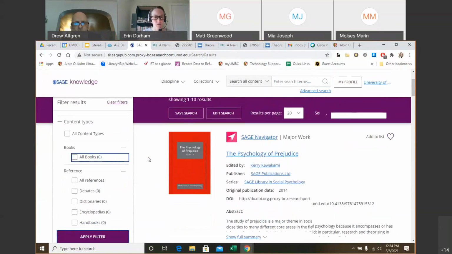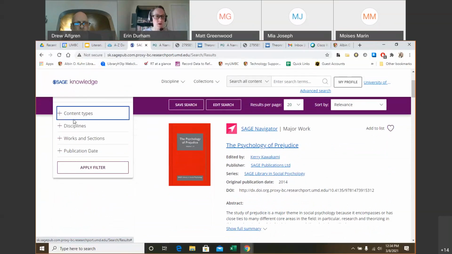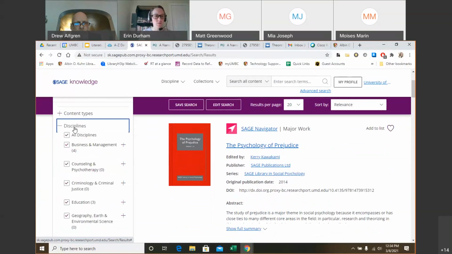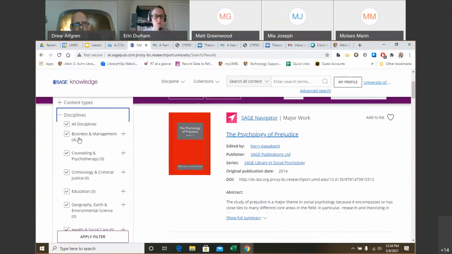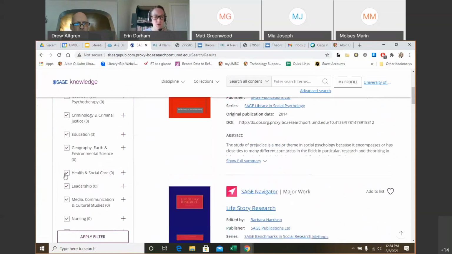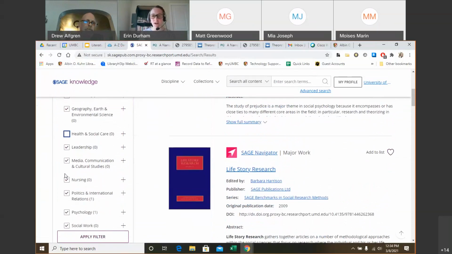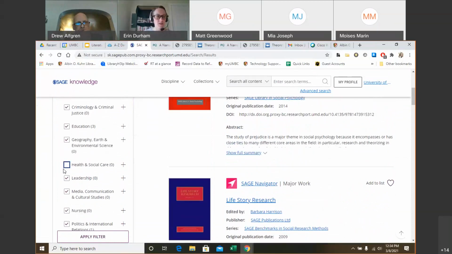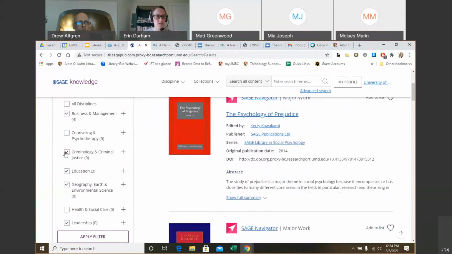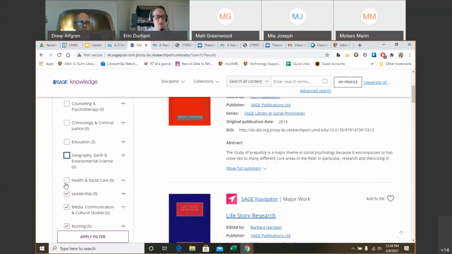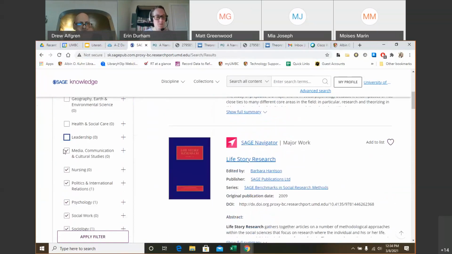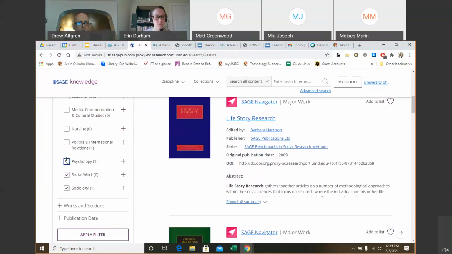All right. So you can definitely search by content type. You can also look by discipline. A lot of these are coming from business and management, also counseling and psychotherapy, education. So a big range, right? But if you're looking at it specifically from a business and management perspective, you could deselect the rest and just see the literature from that discipline. Or if you're looking at it from public policy, you might want to just look at politics.